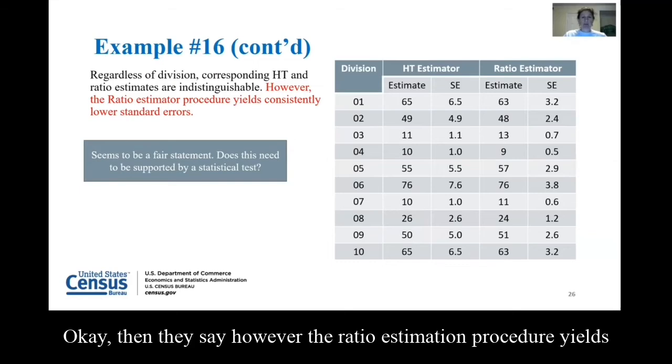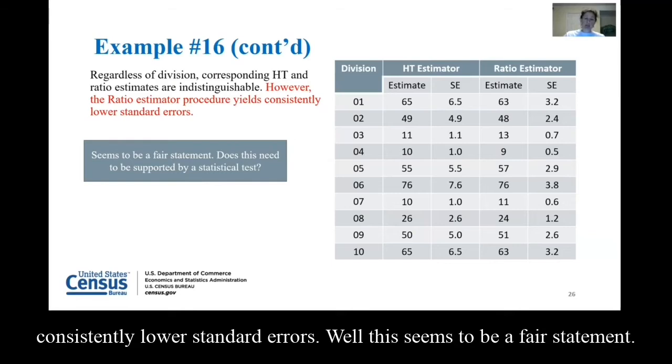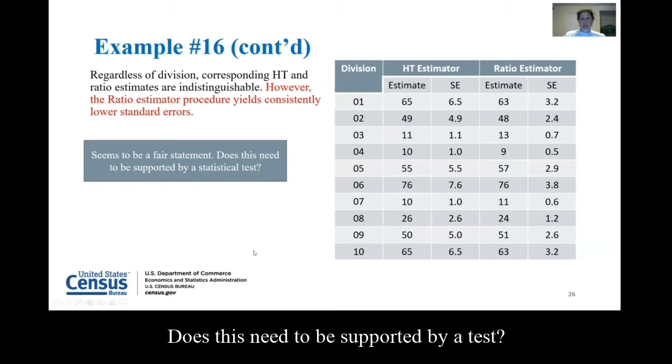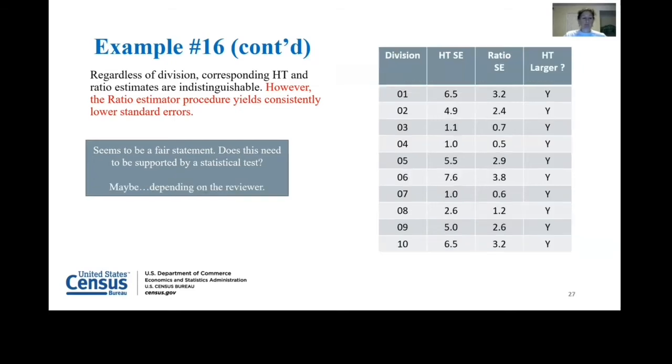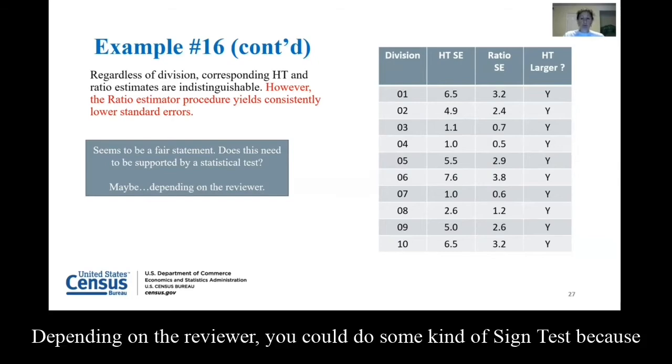Okay, then they say, however, the ratio estimation procedure yields consistently lower standard errors. Well, this seems to be a fair statement. Does this need to be supported by a test? Well, maybe, depending on the reviewer.